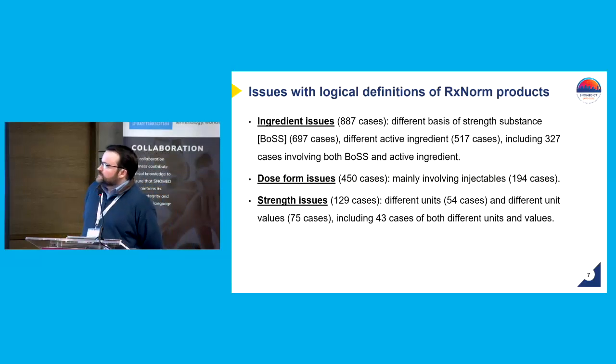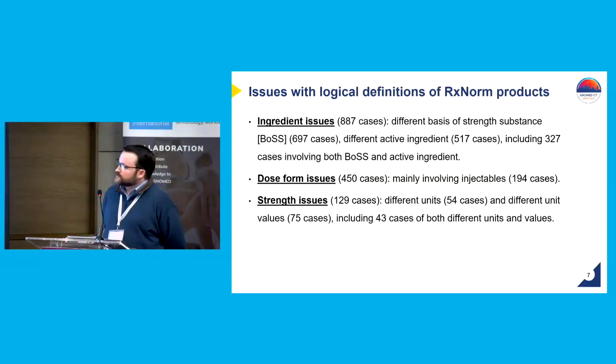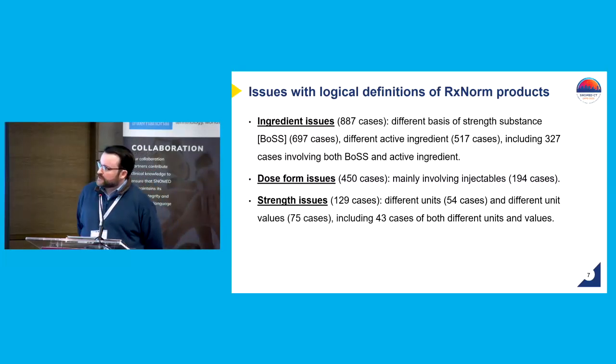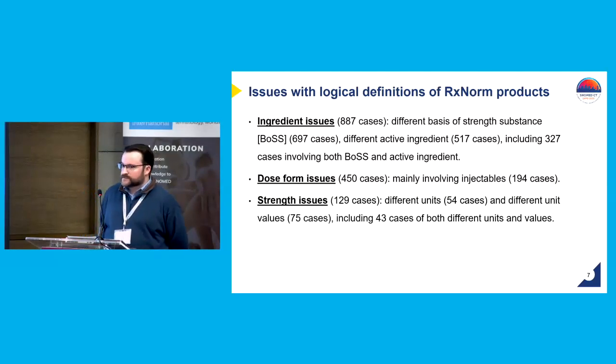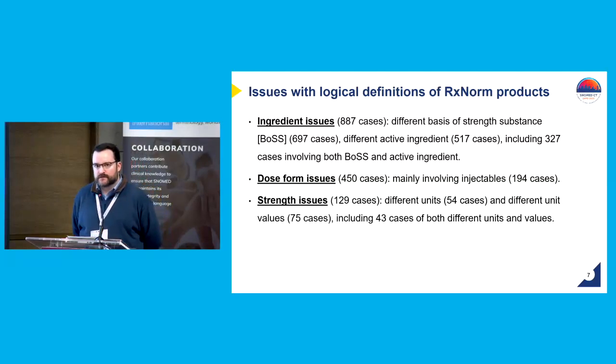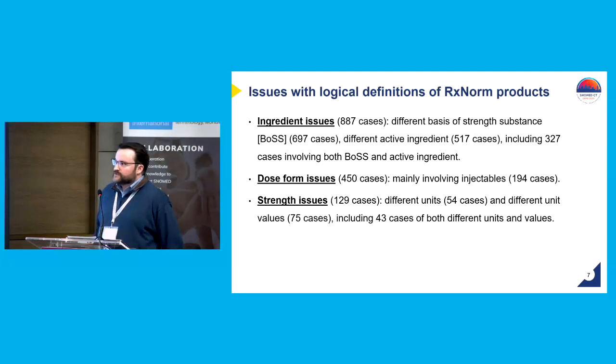Ingredient issues: different basis of strength substance, different active ingredients, and overlap. Dose form issues: this is a custom dose form mapping for this process because we do not equate both dose forms on both sides exactly one-to-one.